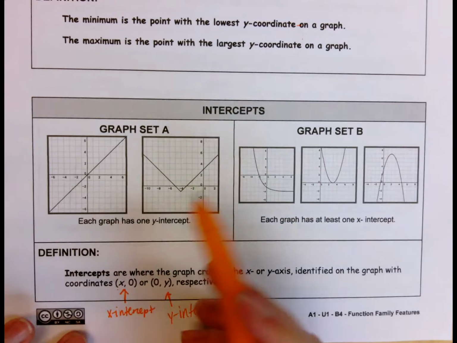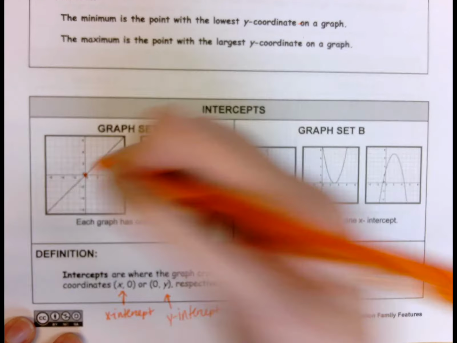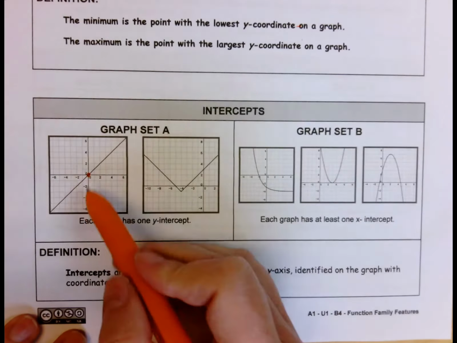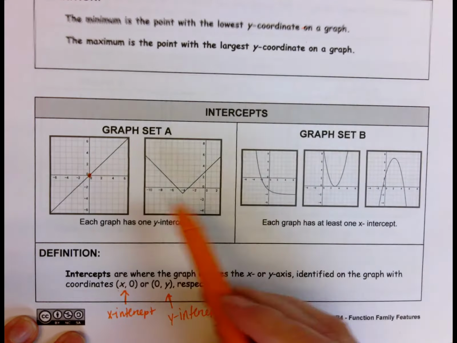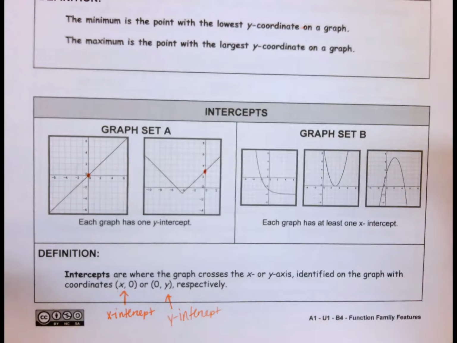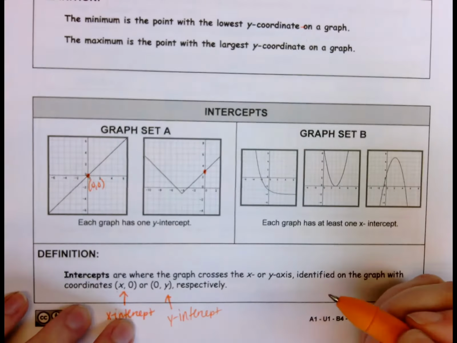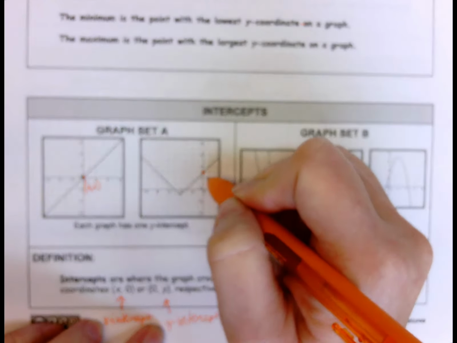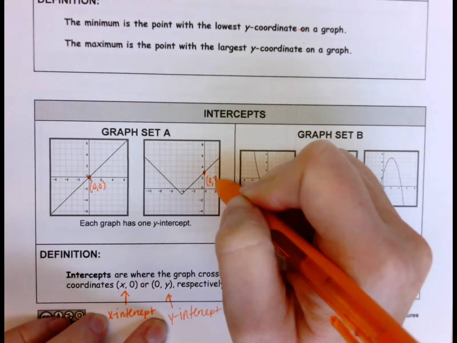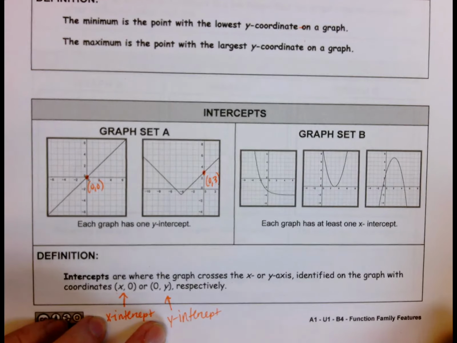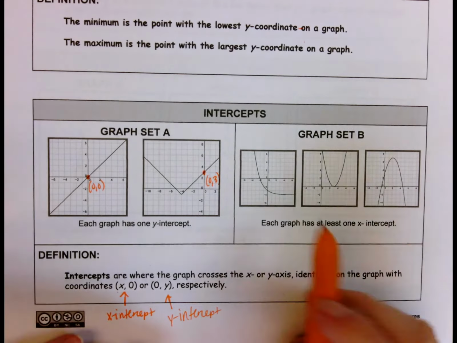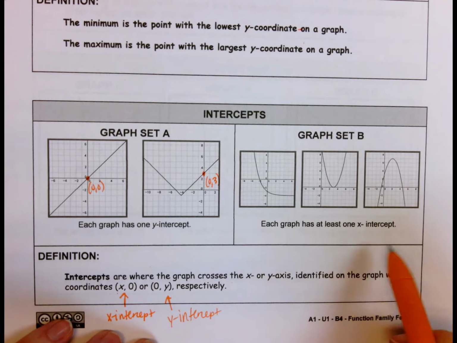So if you look at these graphs, they have one y-intercept. It crosses the y-axis in one place. Over here, crosses the y-axis in one place. And so it crosses at 0 comma 0 here. But here it crosses at 0 comma 3. Okay, at ordered pairs at 0, 3. Over here, we're looking at x-intercepts.